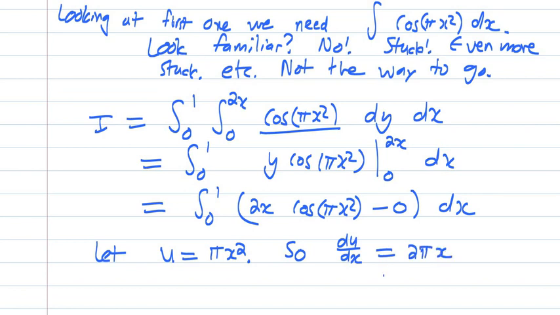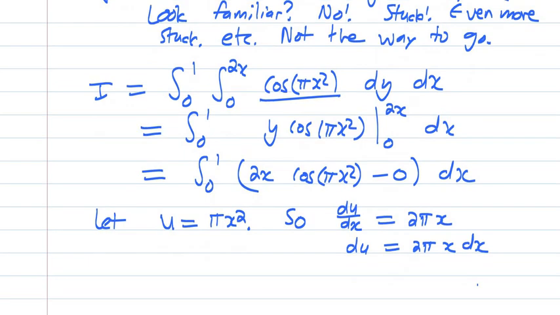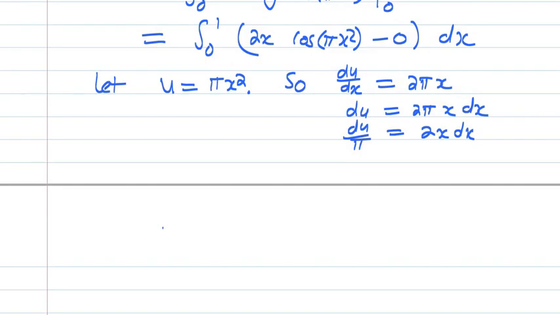And so by rearranging, I get du is 2 pi x dx, and so I get that 2x dx is du over pi.